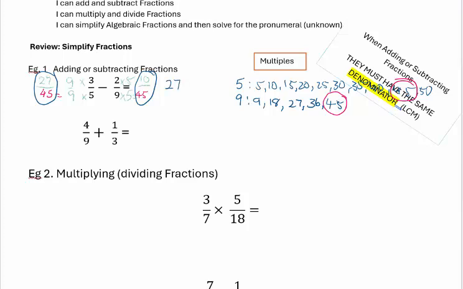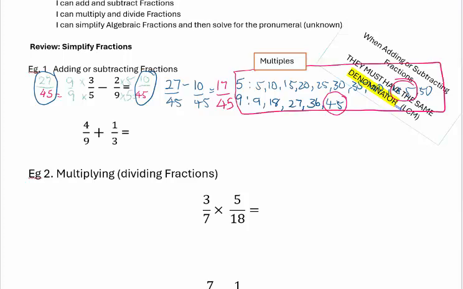So 27 on 45 take 10 on 45 equals 27 take 10 is 17, which is a prime number, over 45, so that has to be in its simplest form. The multiples are a strategy that can help you find what the lowest common multiple would be.